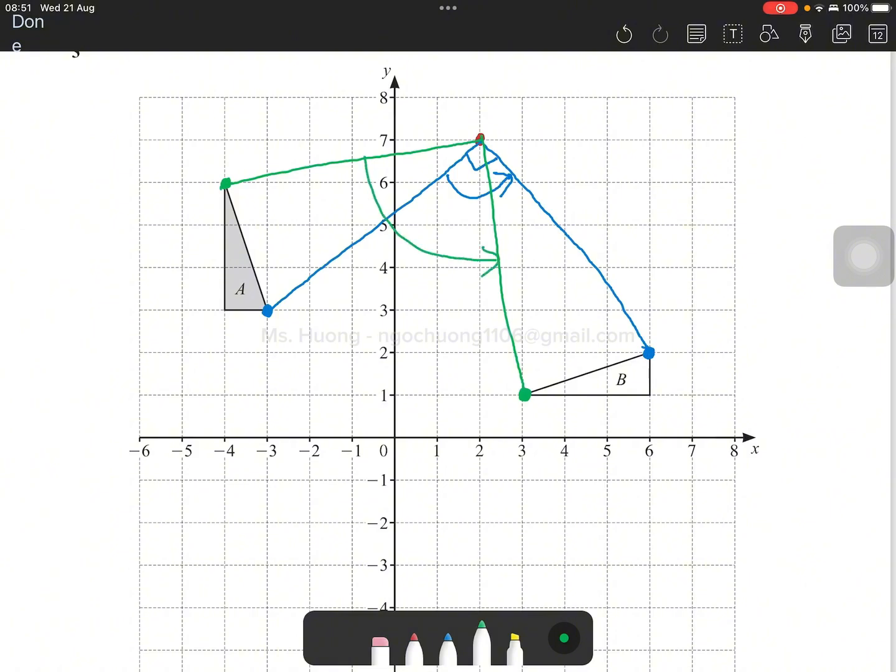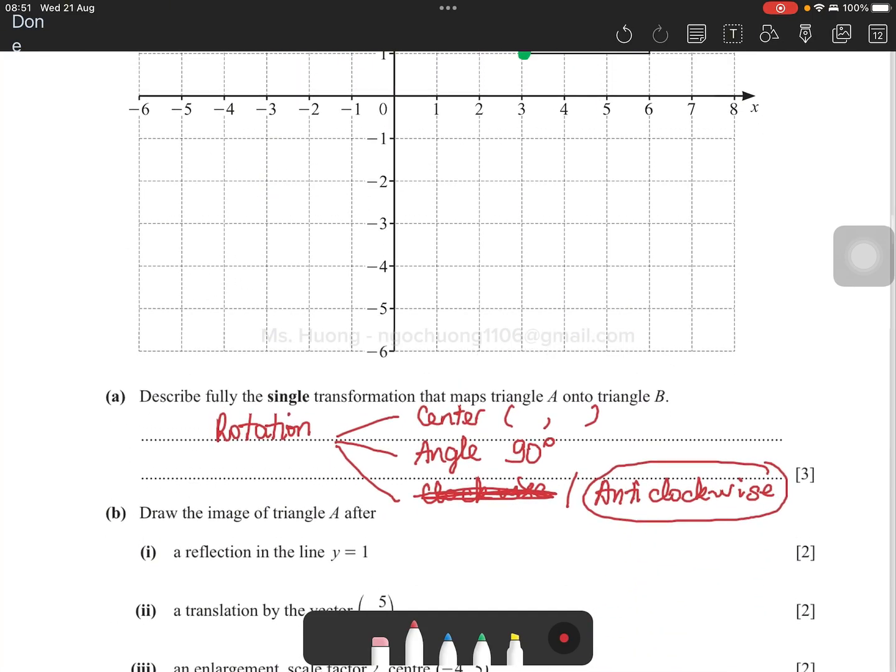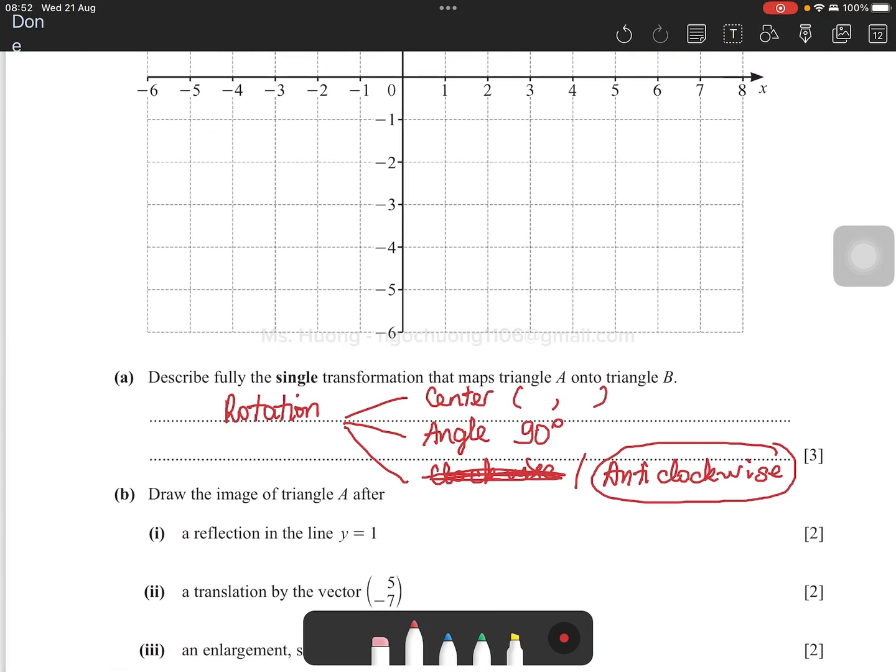Here it is. So if you want, you can check one more pair of points, the right angle corner, and you will also get the same answer. So for the first question, we say that the rotation, the center is at 2, 7. Angle 90 degrees in the anti-clockwise direction.